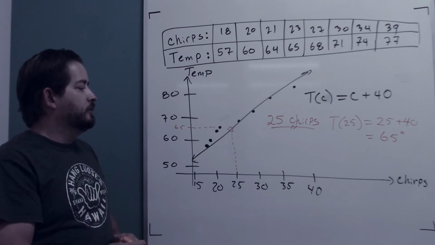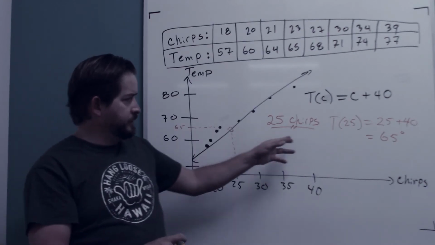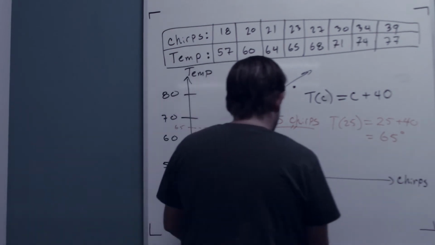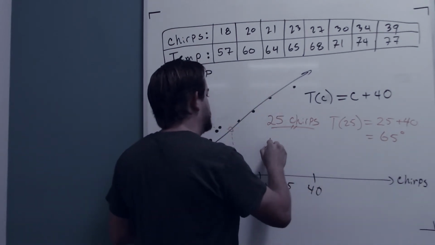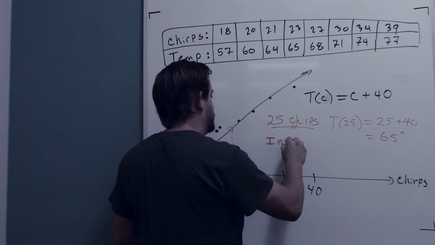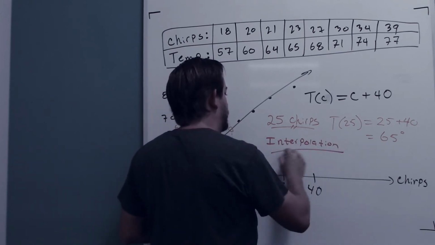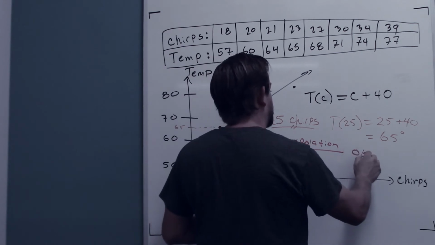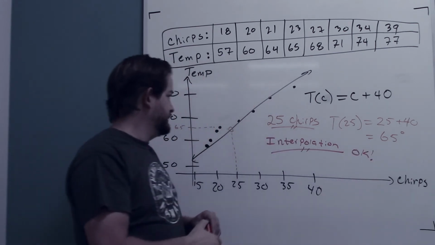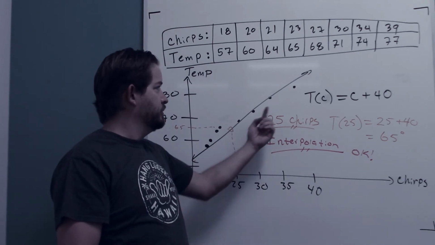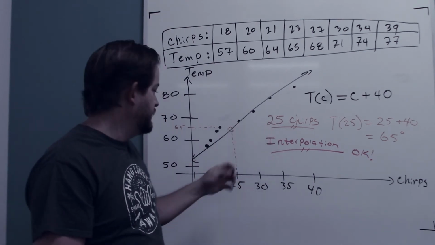Good. Now, what we've just done is called interpolation, right? Interpolation is an okay thing. It's using this data to make a guess for something within the data points, right?